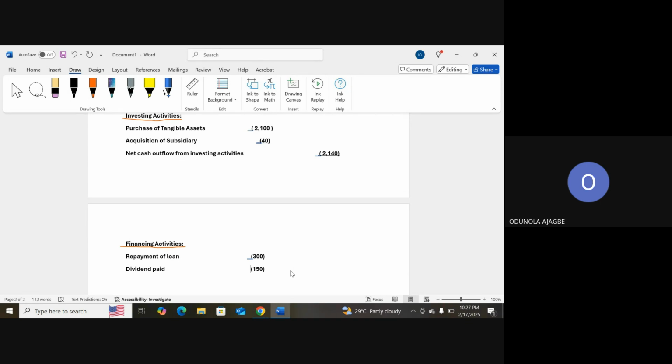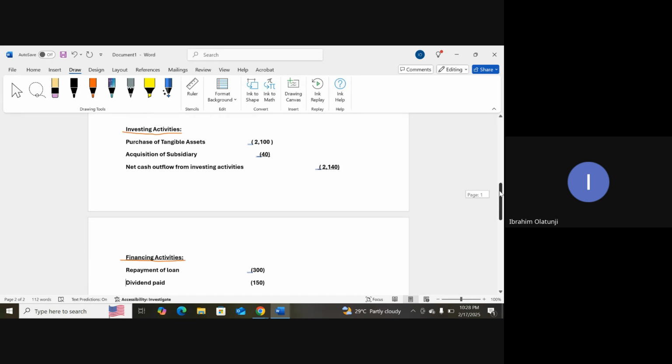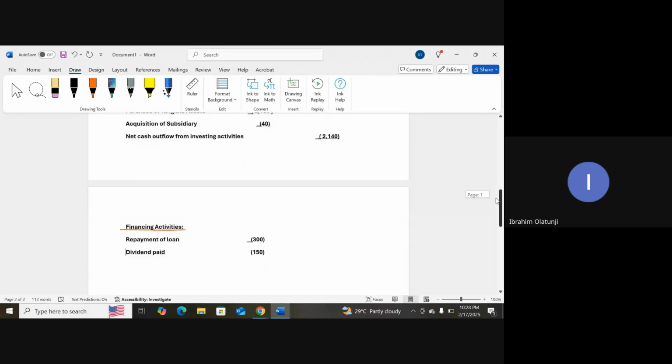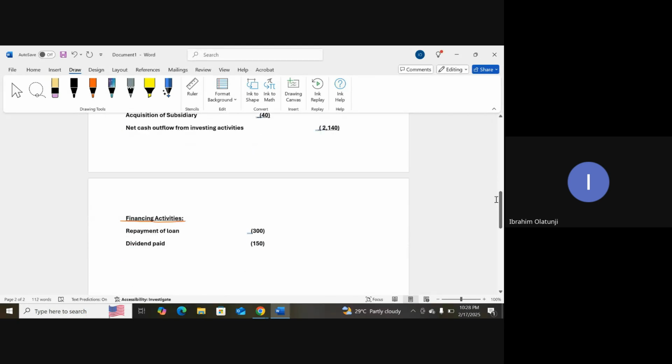That place is not clear. Which place is not clear? I've explained dividend multiple times. We have dividend paid and we have dividend received. As the name implies, when they say something paid, it's going out.